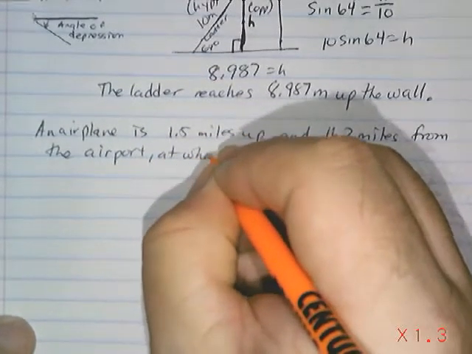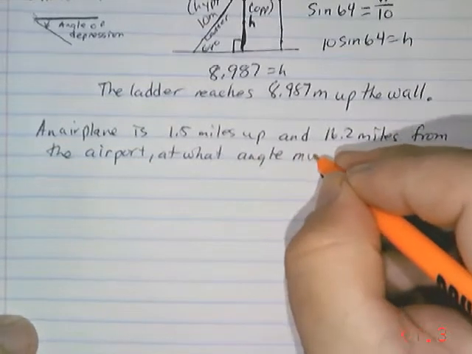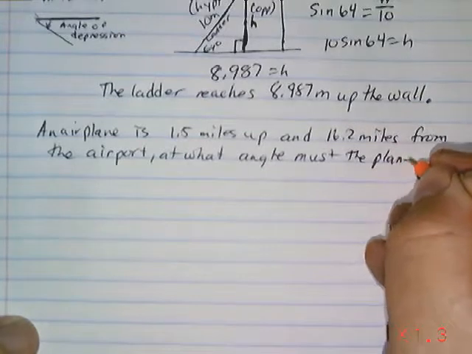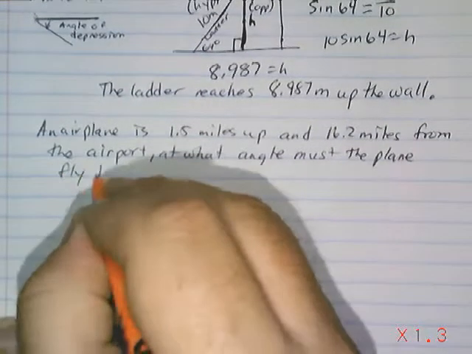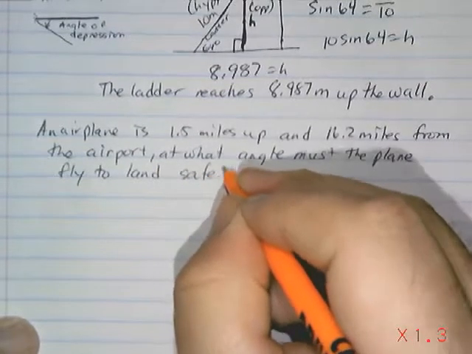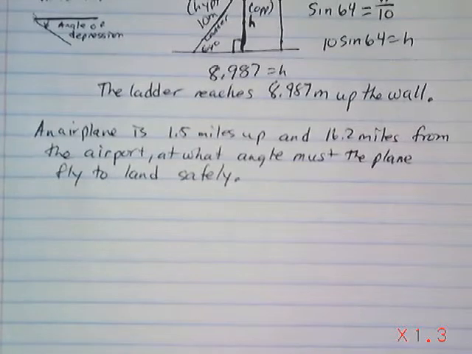So now this is the opposite side to that angle, and this is the adjacent side to that angle. So again, SOHCAHTOA, tangent of theta is the opposite 1.5 over the adjacent 16.2. We have to use the inverse tangent to get rid of that tangent.